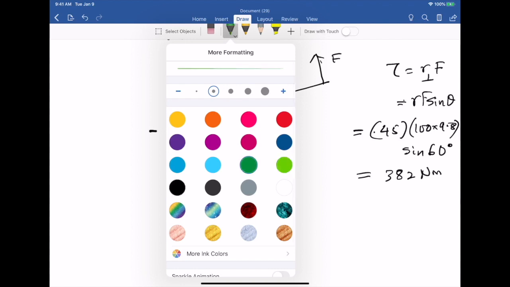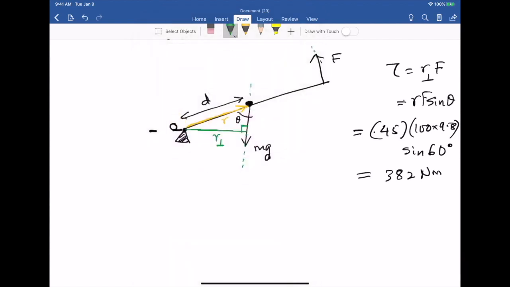So you would just draw a line through the force and then make a perpendicular from the reference point to that line, and that just turns out to be the length of this rod, right? So we found the lever arm, and so the lever arm is just the length of the rod.